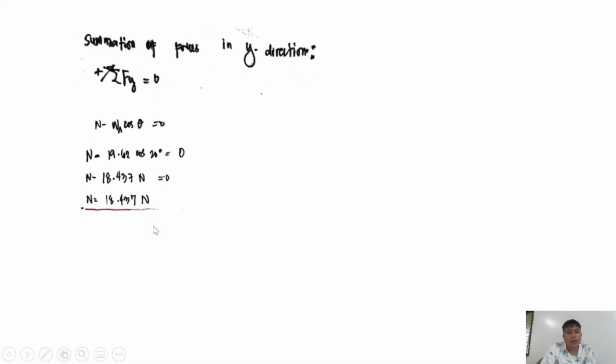So the normal force N minus the weight of our block A cos theta is equal to 0. We calculated that 19.62, which is just equal to the mass of A times gravity: 2 kilogram times 9.81 meter per second squared gives 19.62 Newton.